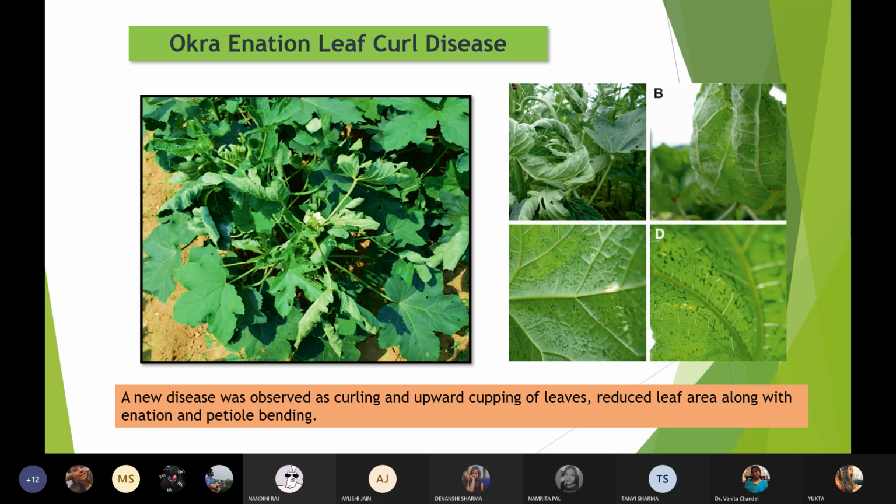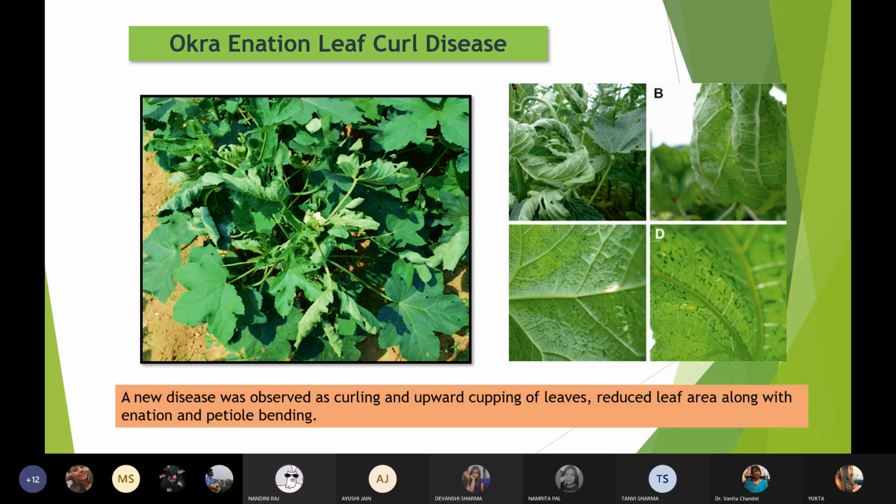Then there is the Okra enation leaf curl disease. This disease was found in Karnataka. There, curling and upward cupping of leaves were observed, with reduced leaf area along with enation and petiole bending.